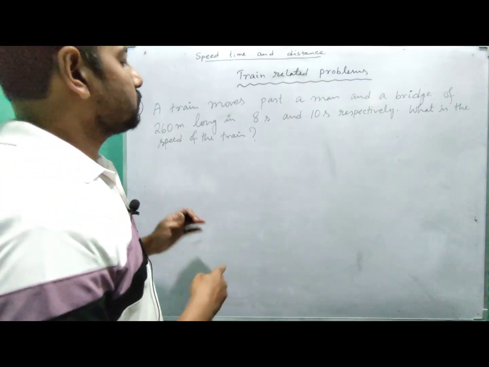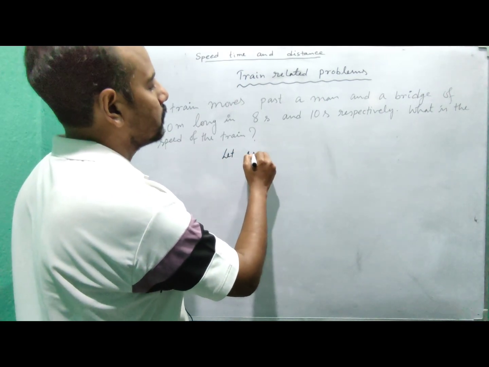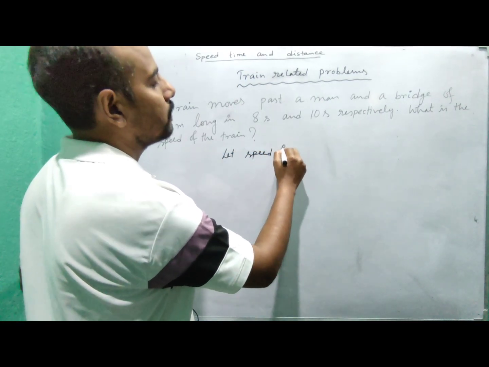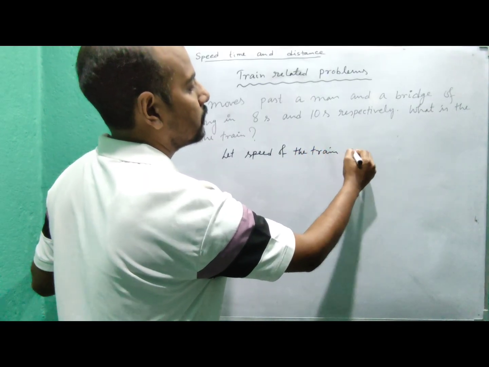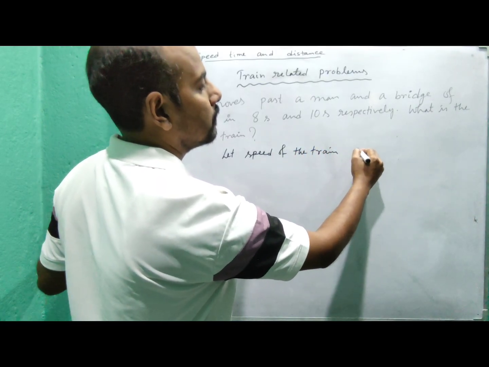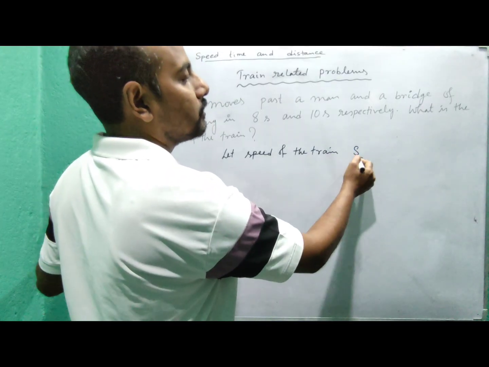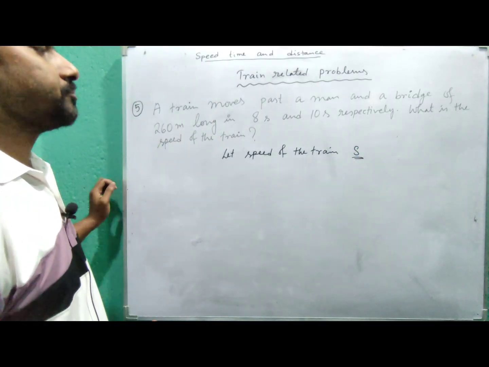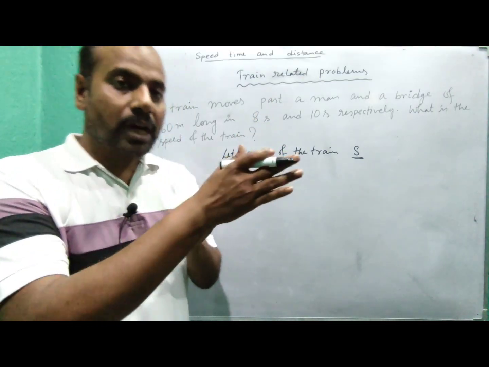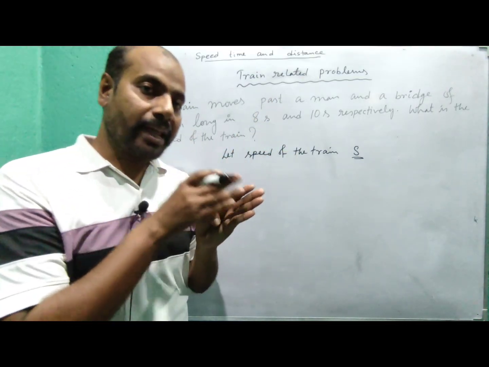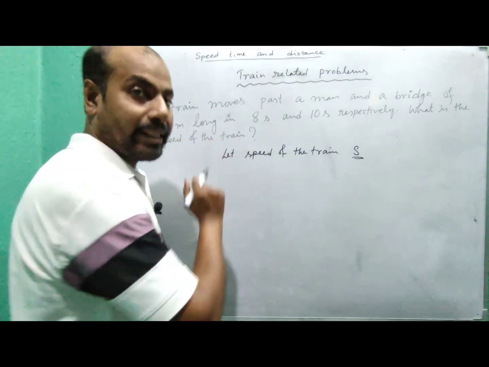So let the speed of the train be S. We know that to cross a man, the train requires to cover a distance equal to its own length.